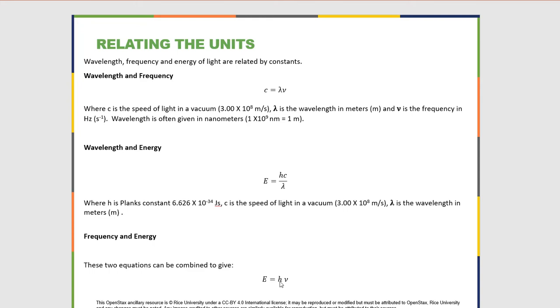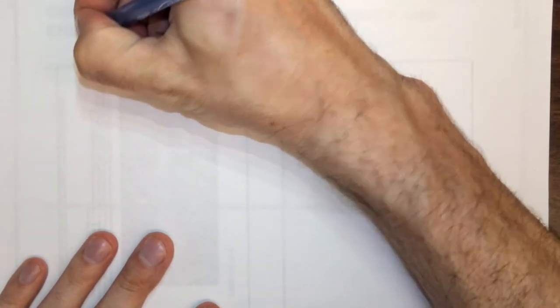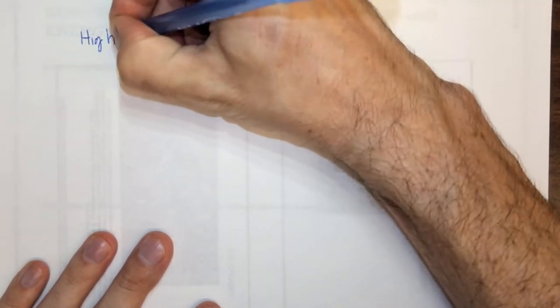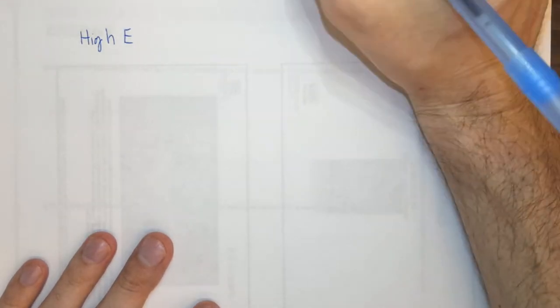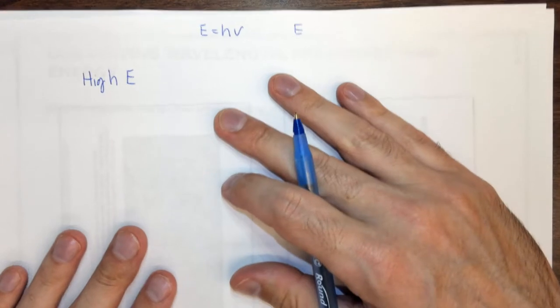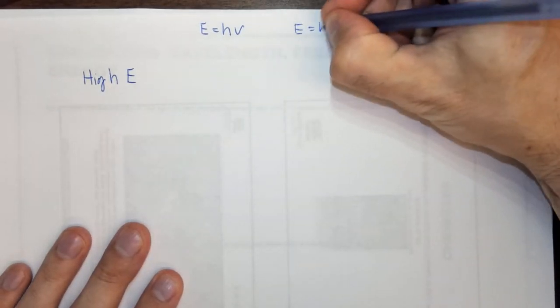And the other thing that I want to just let you know about is that if we look at electromagnetic radiation, and for example, it is high energy, and we use the equations that we just looked at, E equals h nu, and E equals hc over lambda.